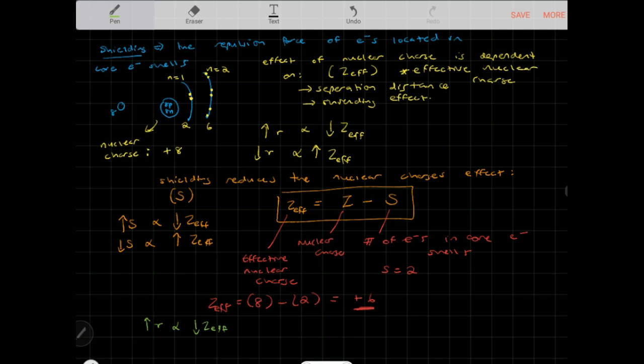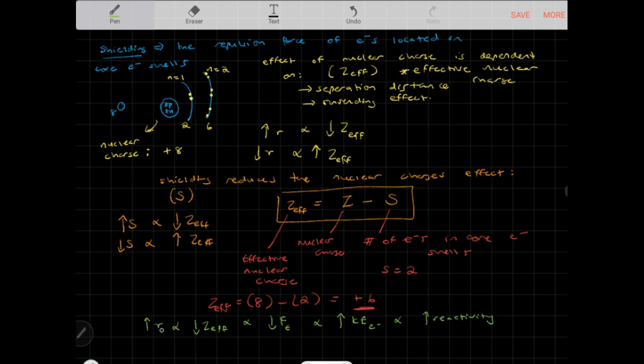If the effective nuclear charge decreases, the force of attraction that holds the electron in the atom also decreases. If the force of attraction decreases, then the kinetic energy of that electron is going to increase. And if the kinetic energy of the electron increases, the reactivity of that electron, so its ability to collide with other electrons and be exchanged, will also increase, and vice versa.